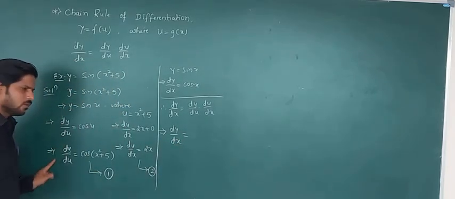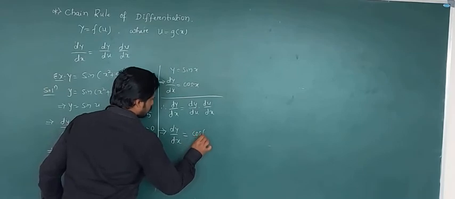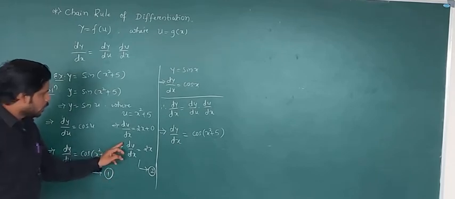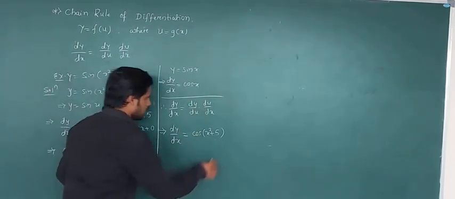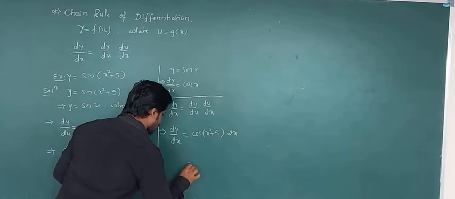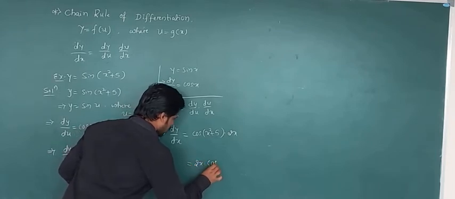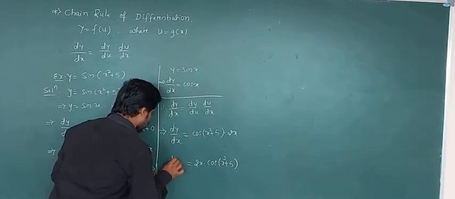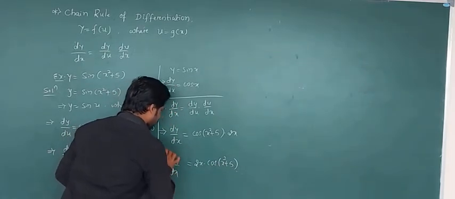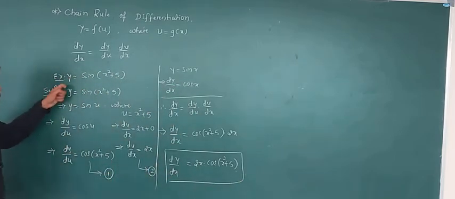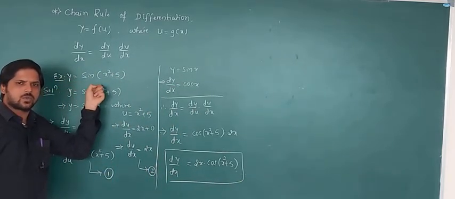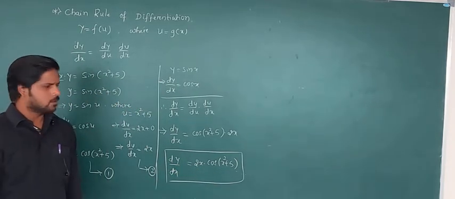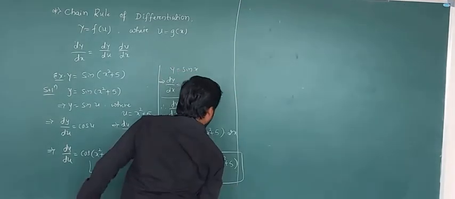By equation number 1 we have cos of x square plus 5, and du by dx we have is 2x. So therefore the solution is 2x into cos of x square plus 5. This is our solution, that is dy by dx. Here the derivative of sine of x square plus 5 is 2x into cos of x square plus 5. So note it down.